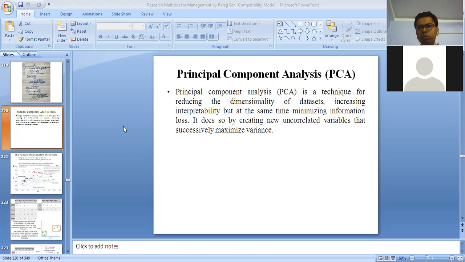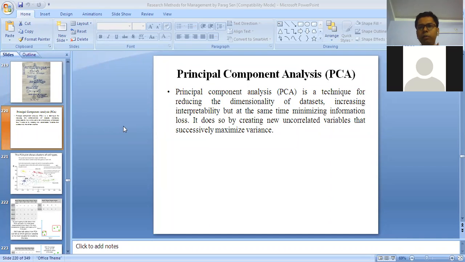Suppose you are comparing some students. There are several subjects or courses, like operations research, statistics, marketing, finance, HR, a lot of variables you have. Different students can score differently in different subjects.